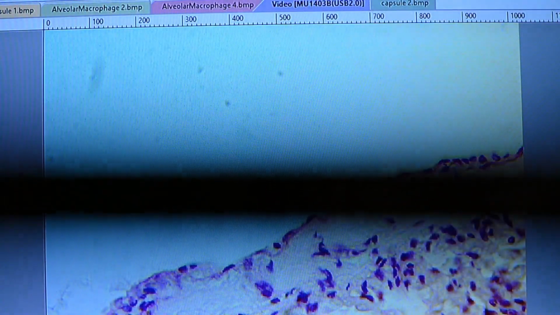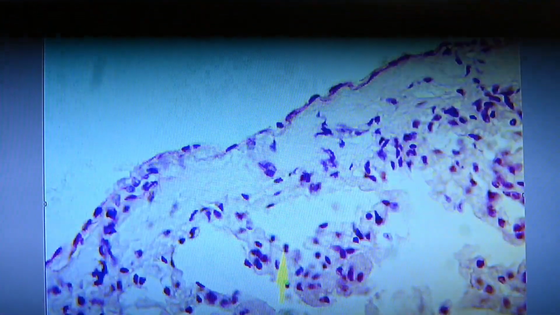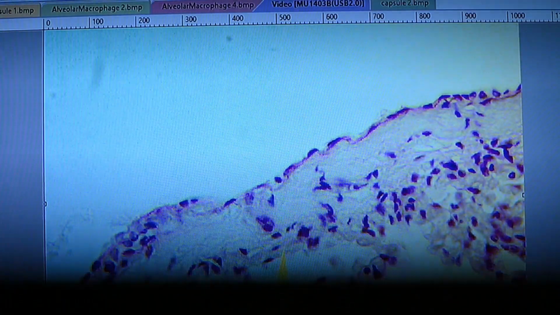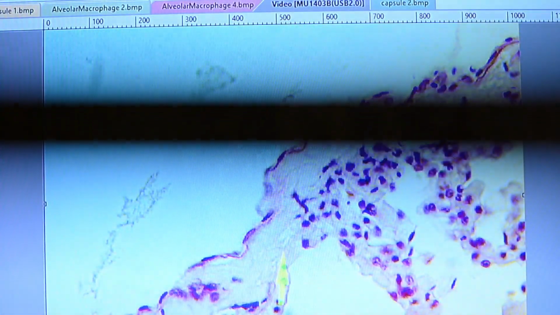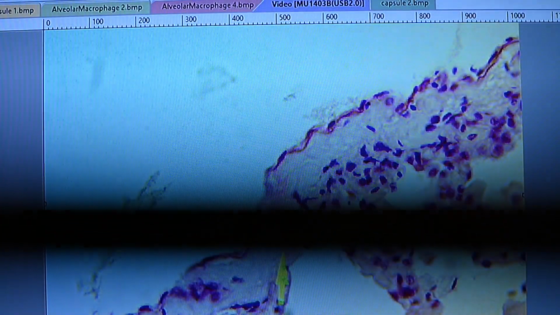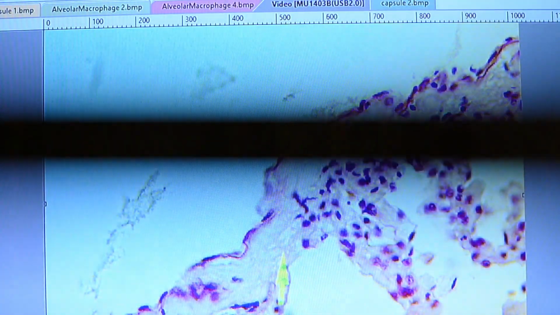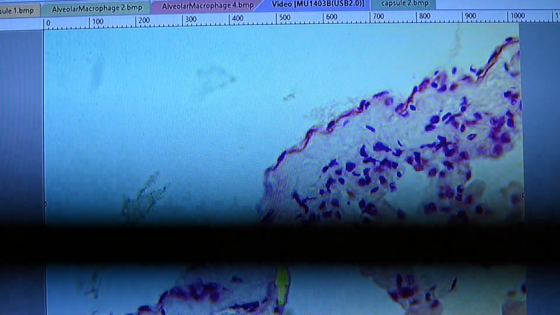And considerably thinner over here in this region. So that's the lung capsule. You should know mesothelium, you should know collagen and fibroblasts associated with that outer capsule. You should also know that it makes up what we call the visceral pleura of the lung.